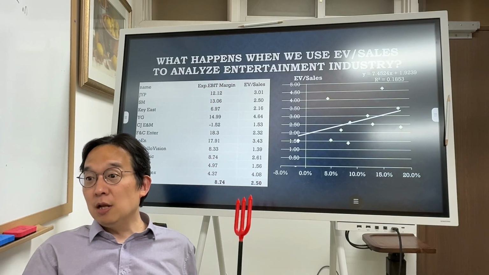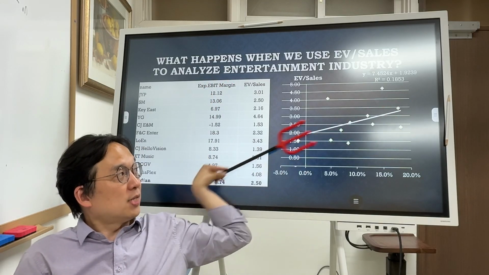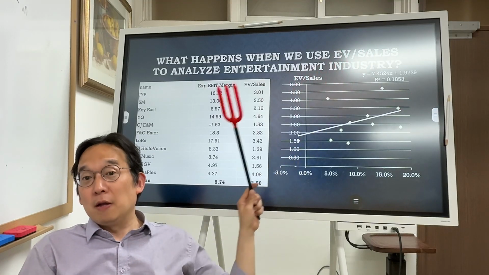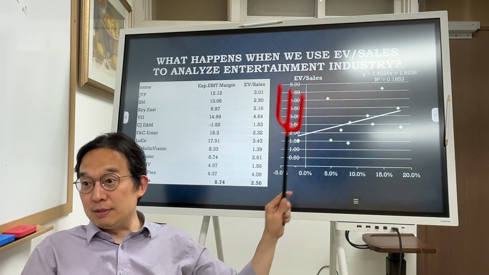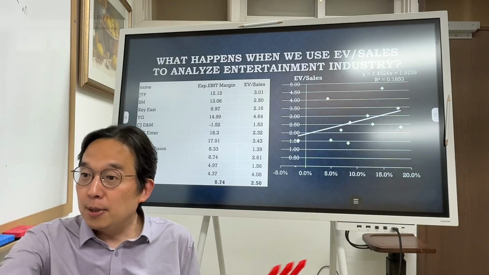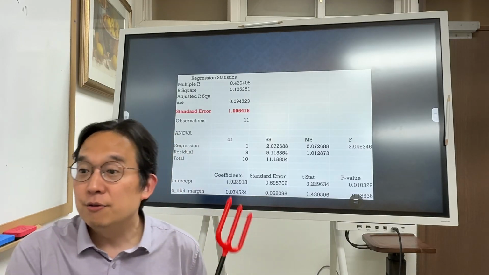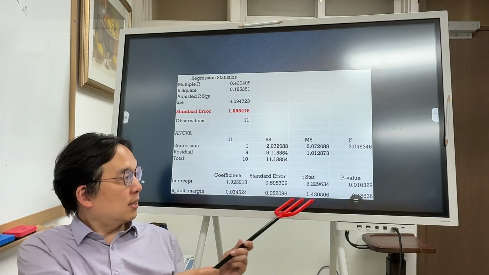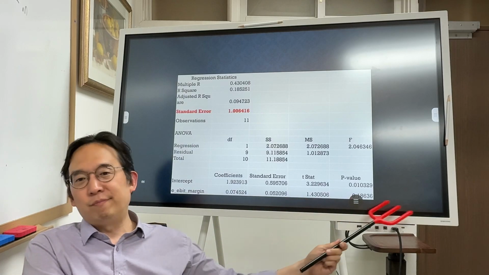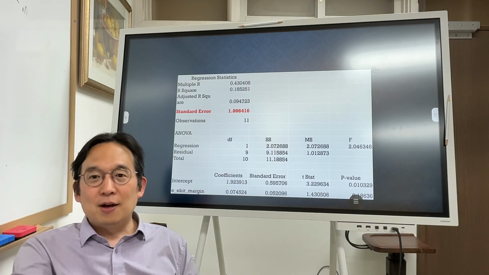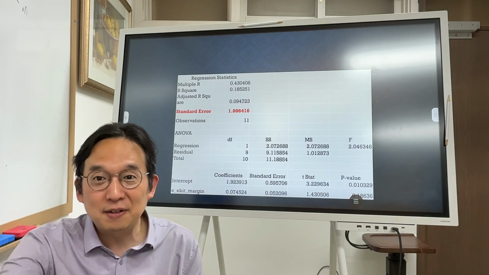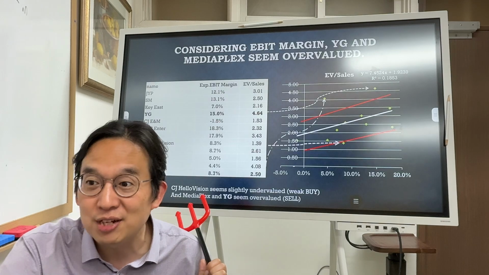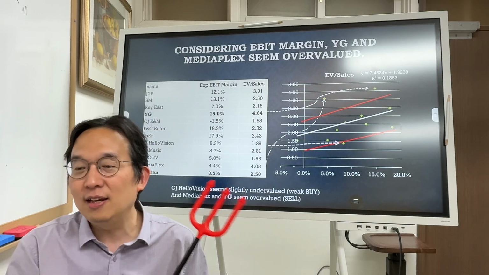Okay, we see a positive association confirmed, but not as steep as the Amore Pacific consumer goods industry. Let's see the regression result over here, and we see statistical significance being only marginal.